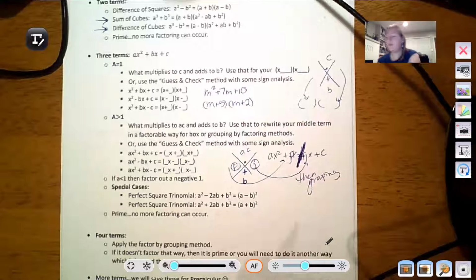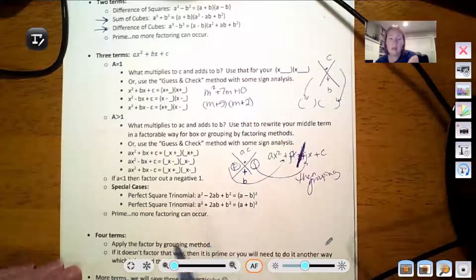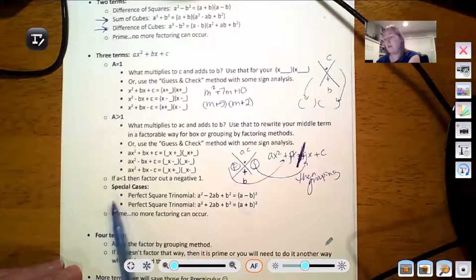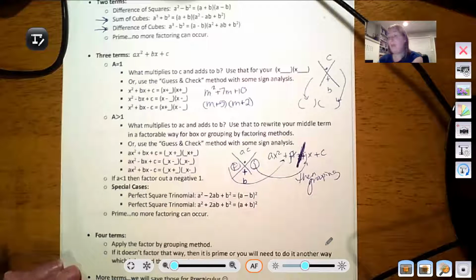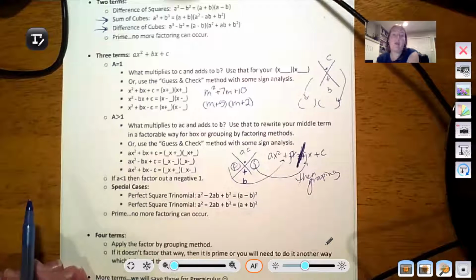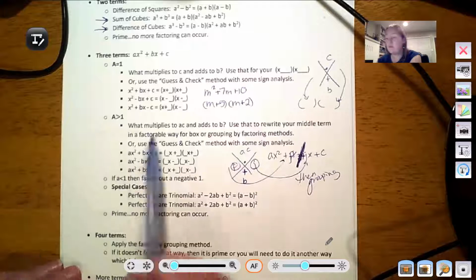And I'll show you an example of that. And then, of course, if it's 3 terms, it can also be that it's prime. If it's not quadratic like this, then you might be able to make it quadratic. It's called quadratic in form or U substitution. Or you might be able to make it represented in this format.